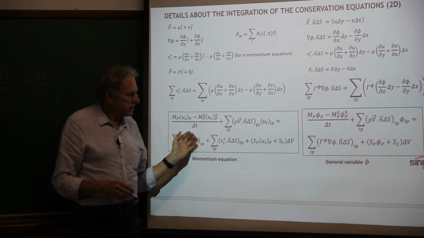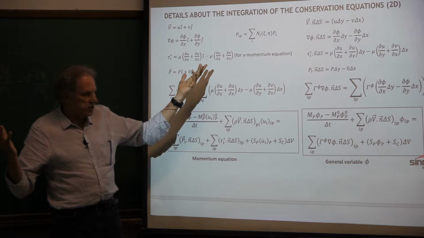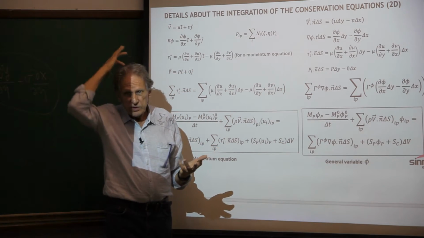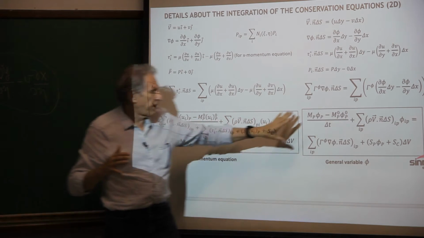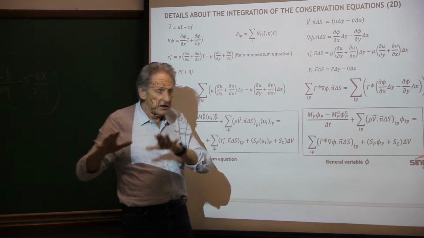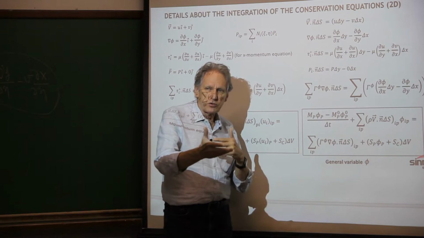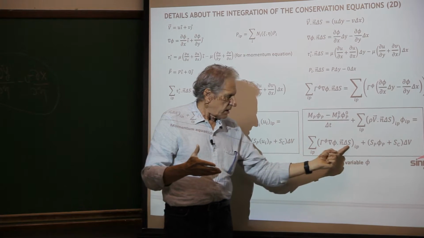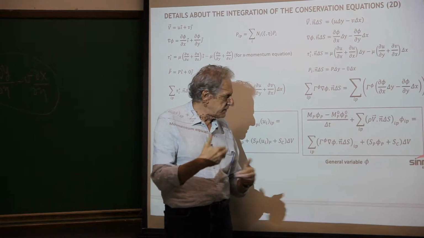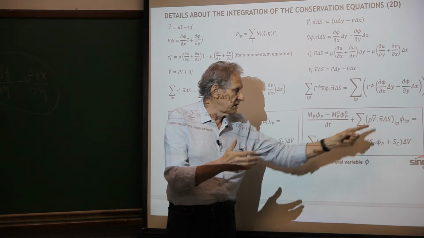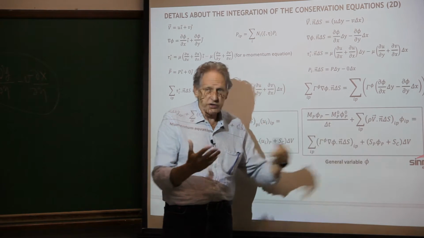This is for the momentum equation, that one for the general equation, which does not have pressure. If phi here is not U, V, and W, then phi may be temperature, so this is the diffusive flux, diffused heat flux, advection heat fluxes, source terms.